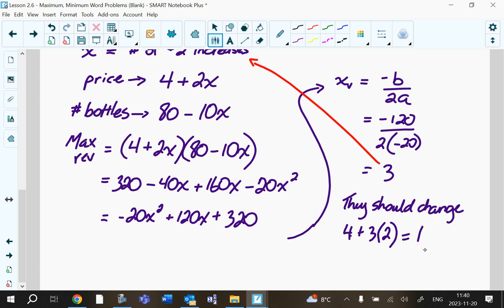They should charge $10 because they started at 4. 3 $2 increases will maximize their revenue, which means a price of $10 will maximize their revenue. Okay.